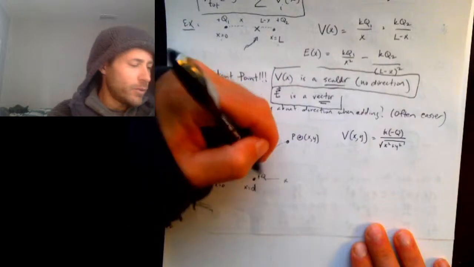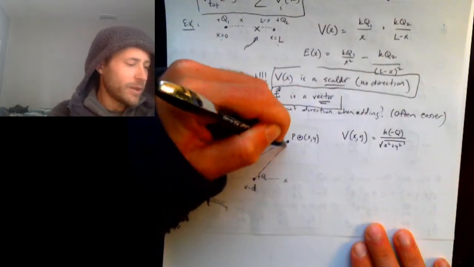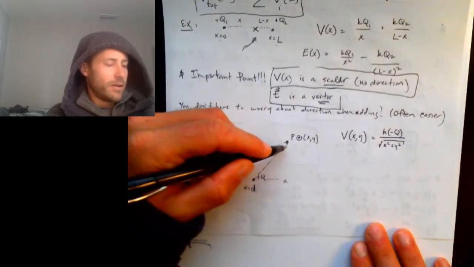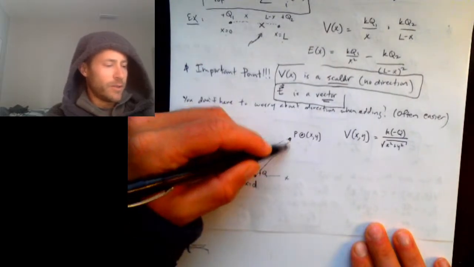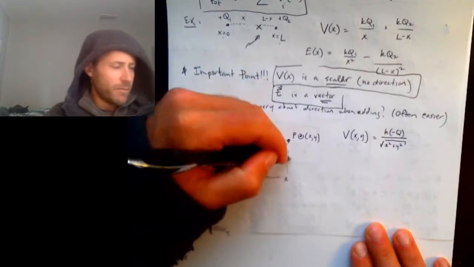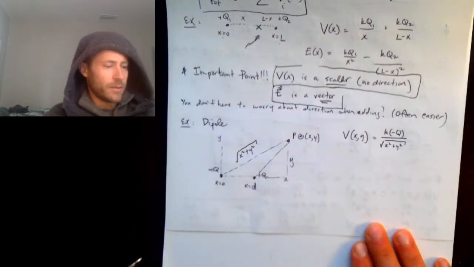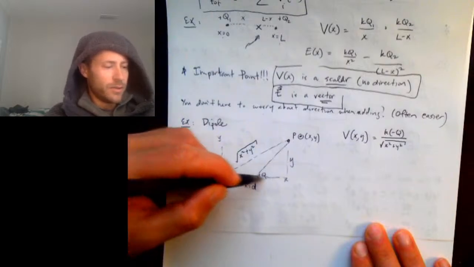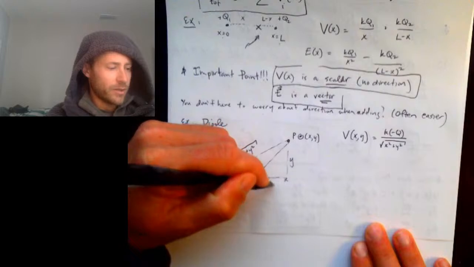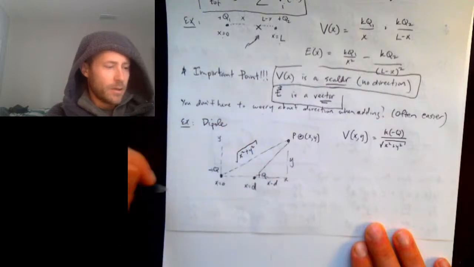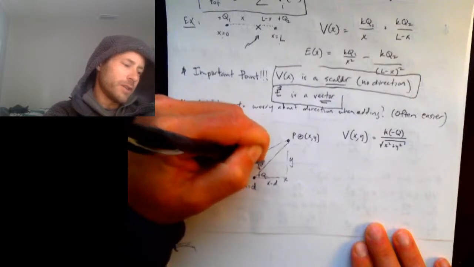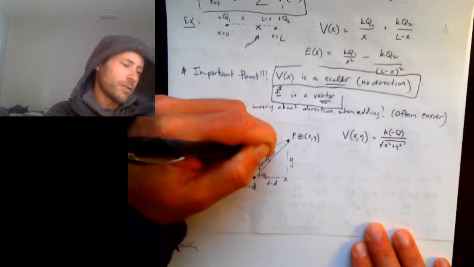Then we have to find out this distance. If we look at this point as x, we have the same y coordinate, but the distance for this right triangle here is less. This is x minus d. So that means that this distance is the square root of x minus d quantity squared plus y squared.